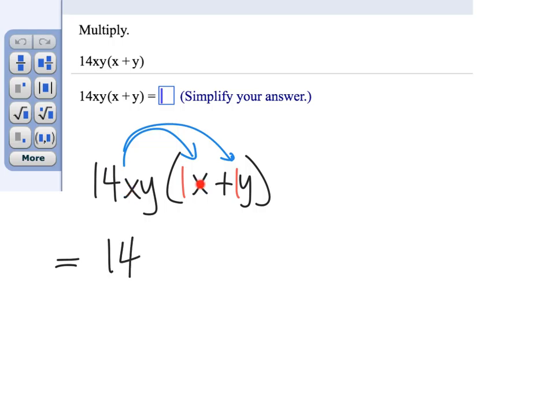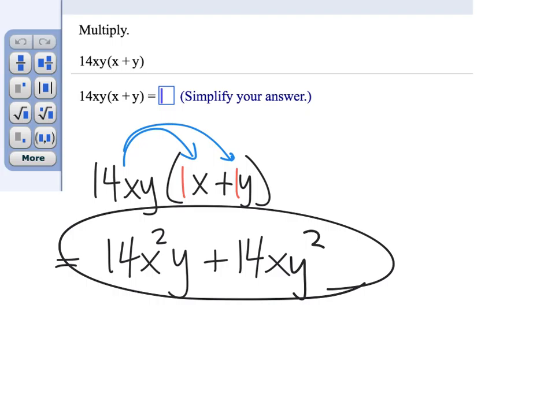Now you've got x times x, so that's x squared, and then the y is being multiplied by nothing right here. We're just taking care of this term first, so it just brings it over. Now you have 14 times positive 1, so that's positive 14. The x doesn't have anything to be multiplied by, but the y does. Y times y is y squared, and there is your answer.